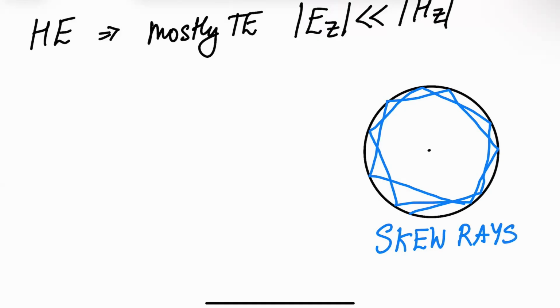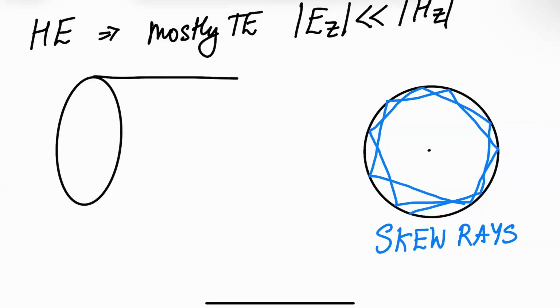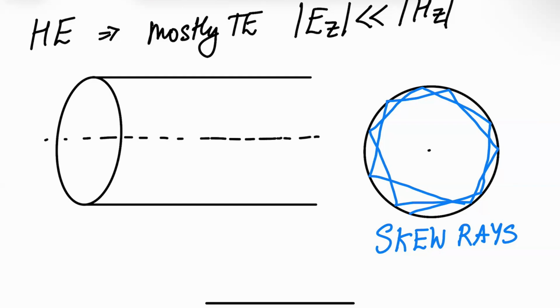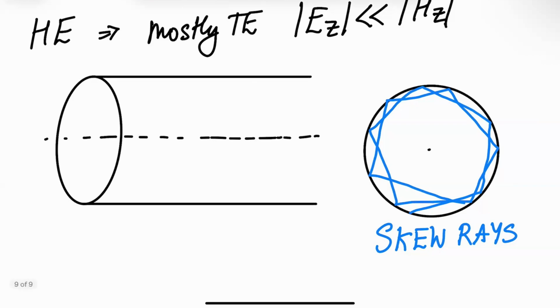If you pick the cross section, so if this is my optical axis, then it's doing some kind of a corkscrew pattern.